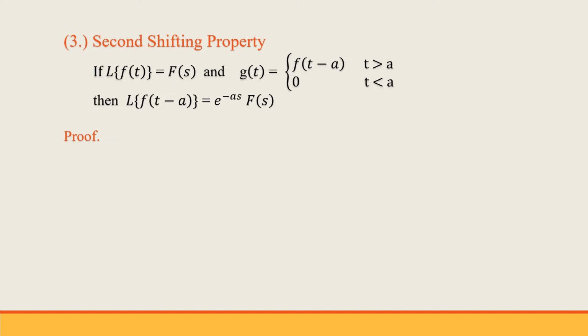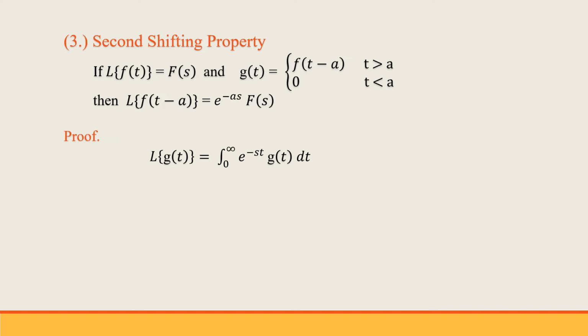To prove it, first of all apply the basic Laplace transform definition to find the Laplace transform of function g(t), that is, Laplace transform of g(t) equal to integral 0 to infinity e raised to the power minus st into g(t) dt.